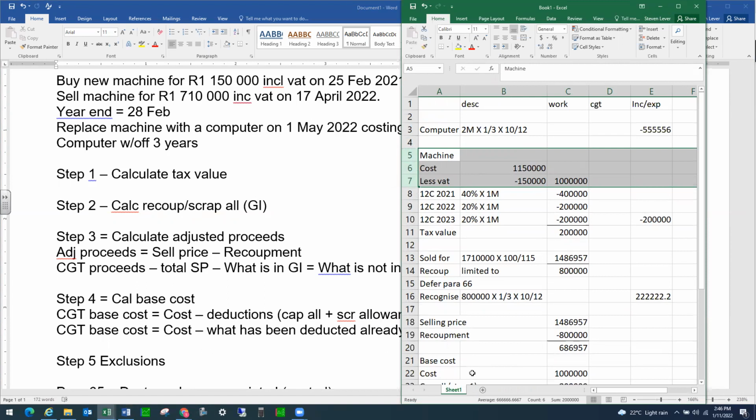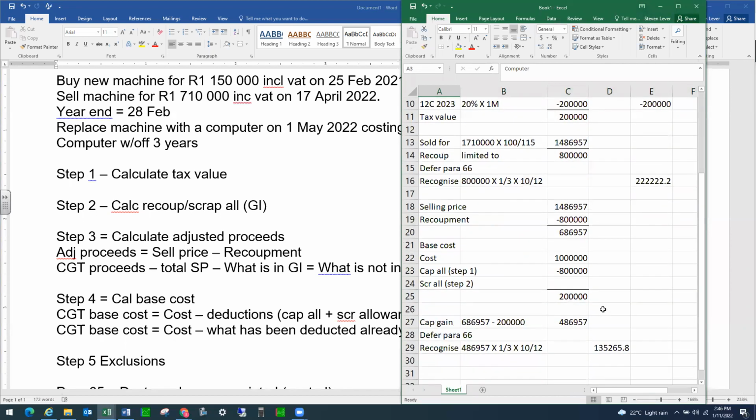Often they do the computer after the machine, and then after they do the computer, they do this line item. But I just think people forget to do that. That's why I prefer them to do the computer first, and then as you're doing the question it works. If you set it up like this, it works perfectly.